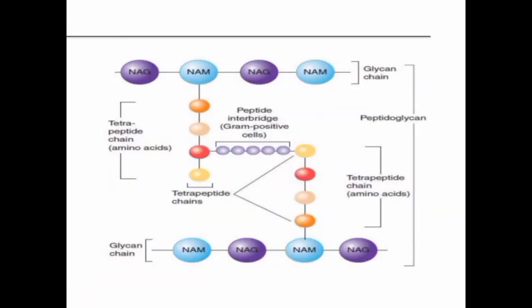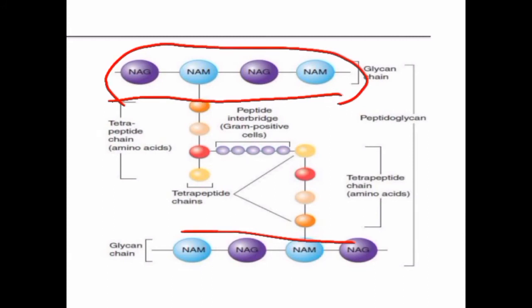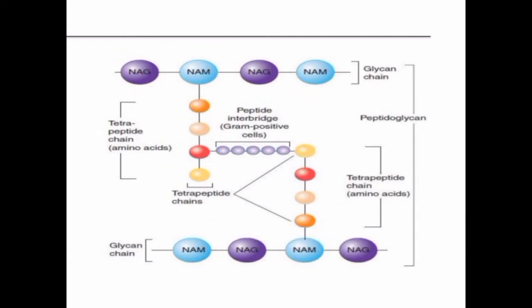As you can see, this is the backbone. This backbone is the glycan part, and this part is the protein part. The carbohydrate backbone is made up of N-acetylmuramic acid and N-acetylglucosamine.